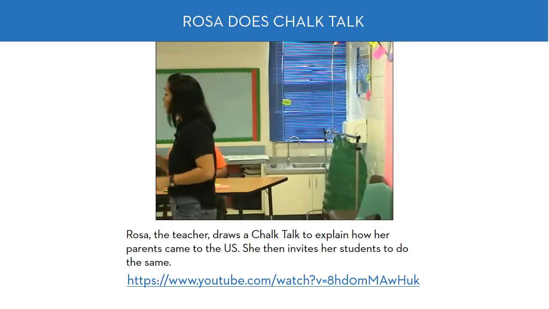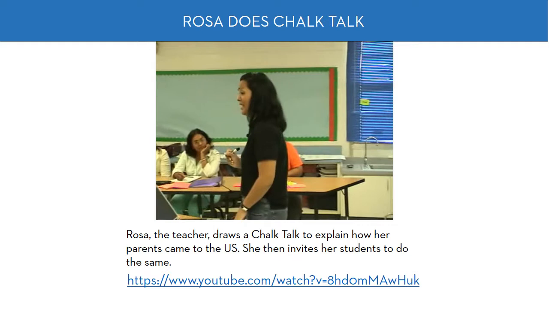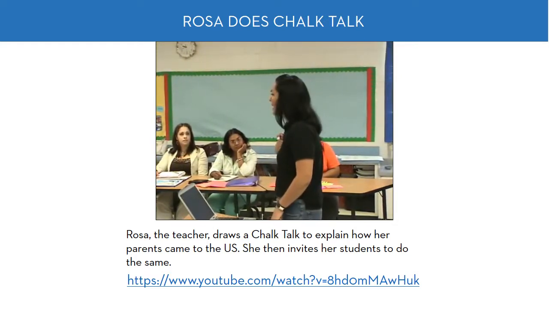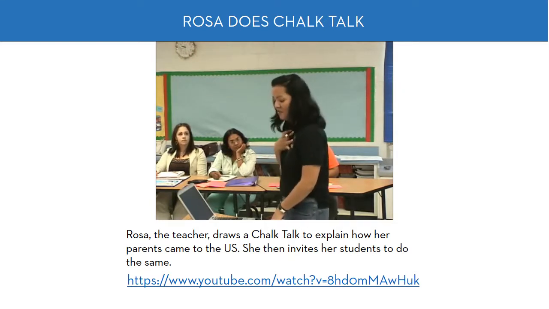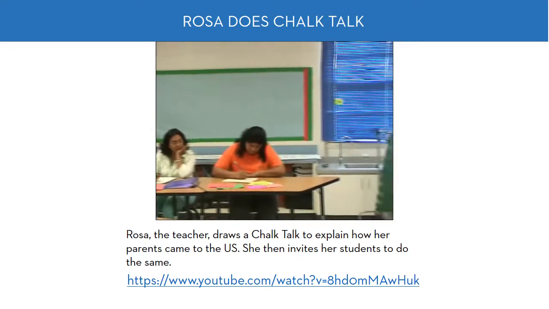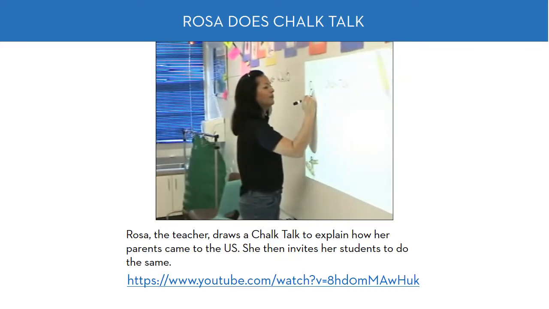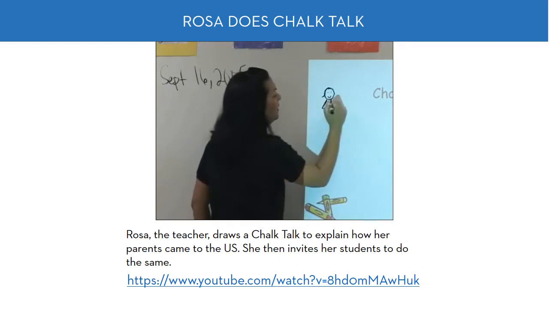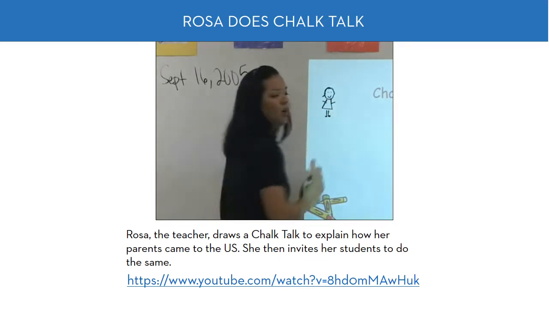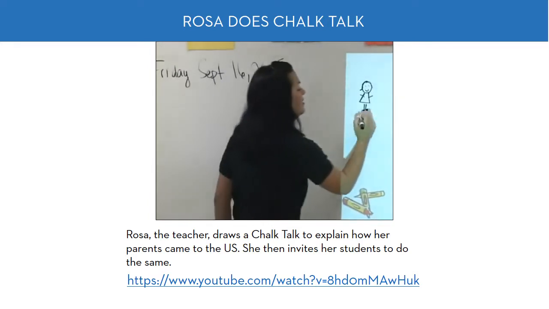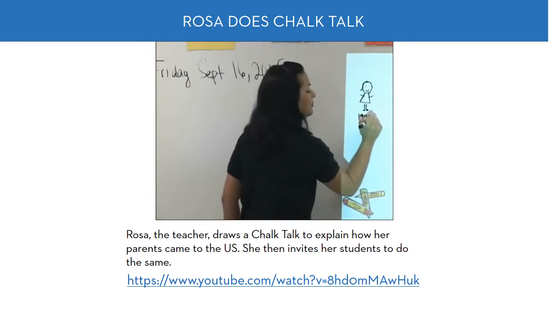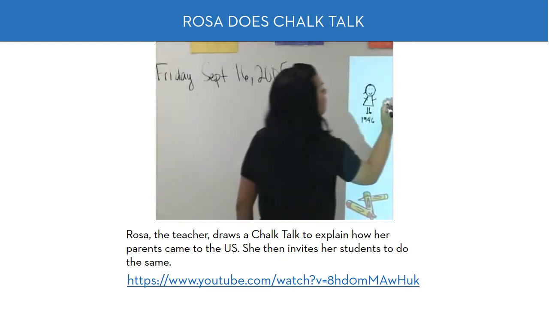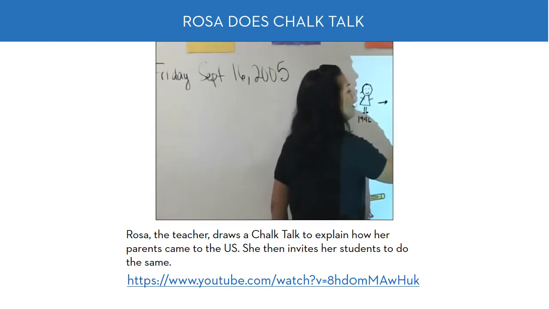Okay, I'm going to tell you a story and I'm going to draw the pictures at the same time. Okay, the story is about my family. It's about my parents and how they came to the U.S. Okay, my mother was born in Monterrey, Mexico in 1946. In 1950, she came to El Paso.